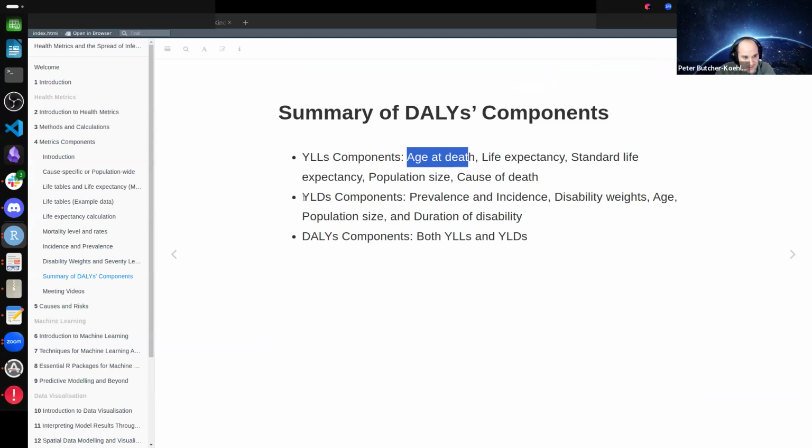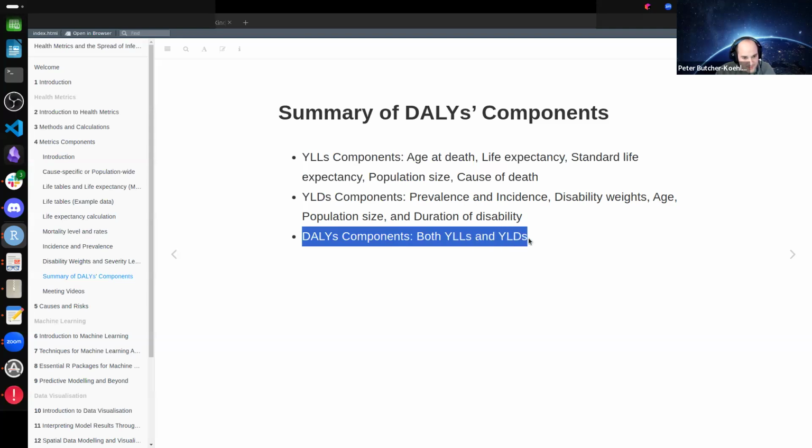And then we have years of life with disability, which includes calculating based on prevalence or incidence, disability weights, the age, the population size, and the duration of disability. And then to calculate DALYs, we are summing up both of those.